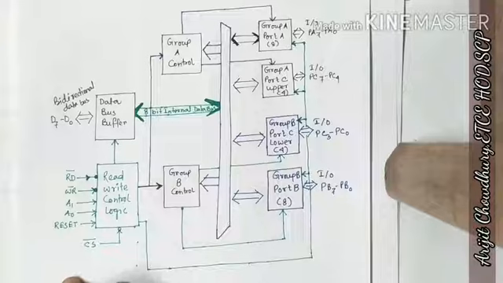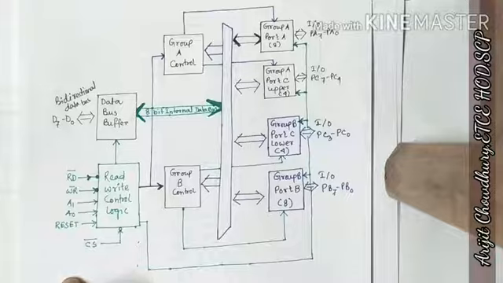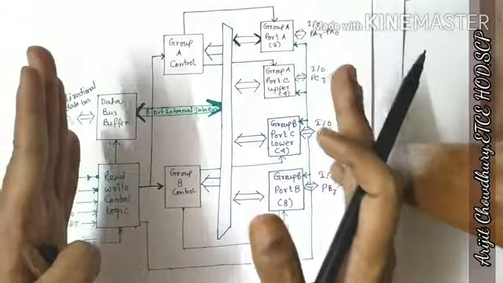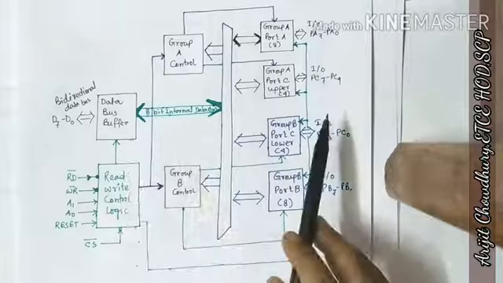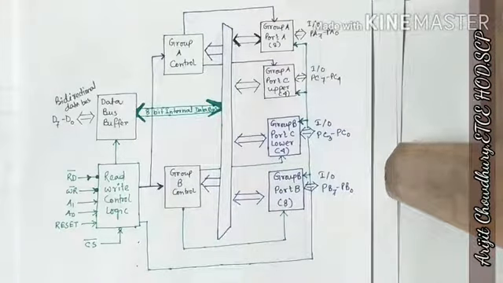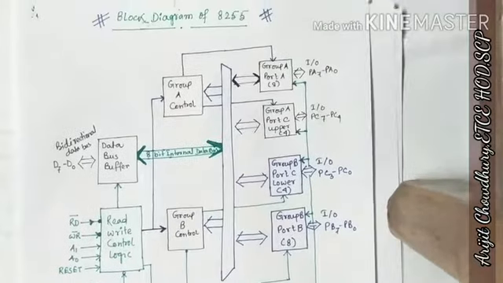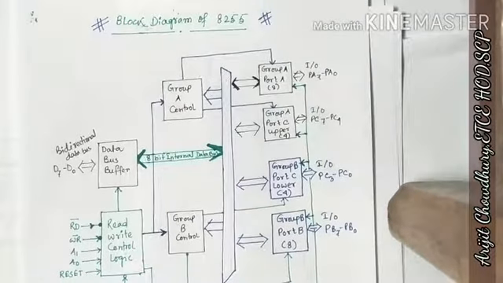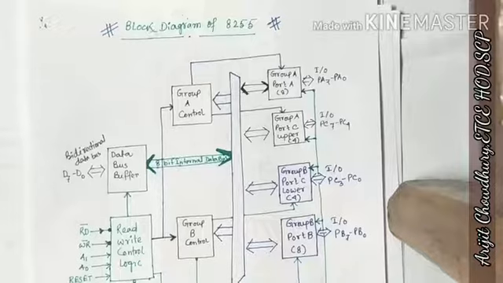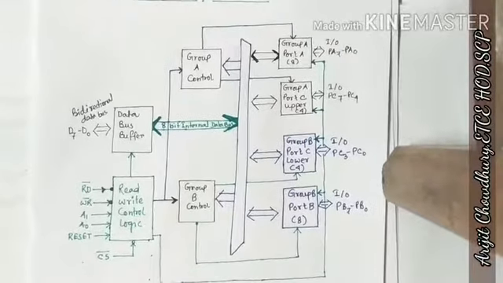It has 3 ports, port A, port B, port C, and also the D0 to D7 data bus.